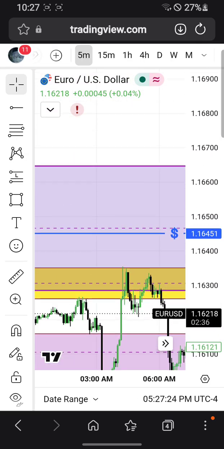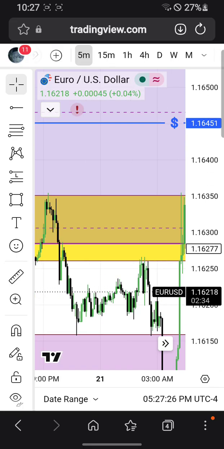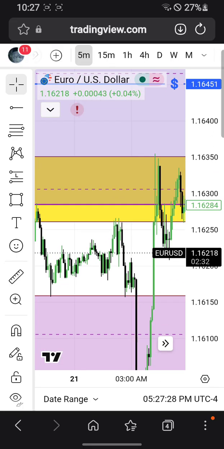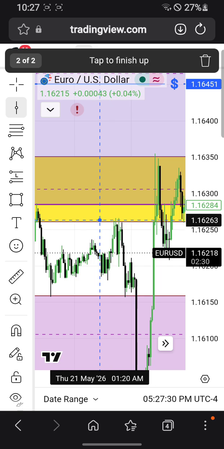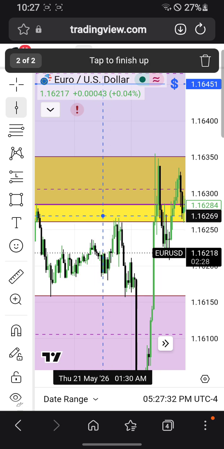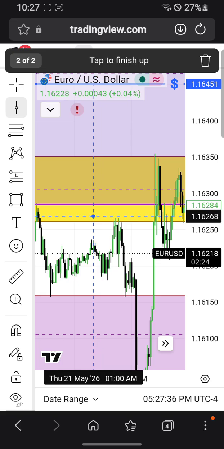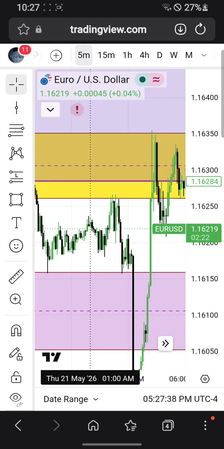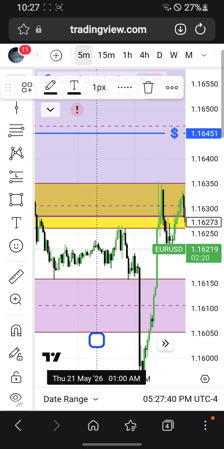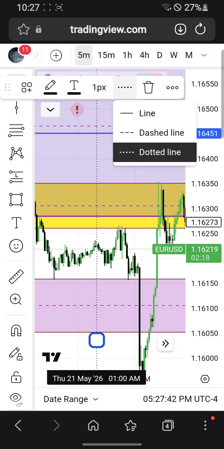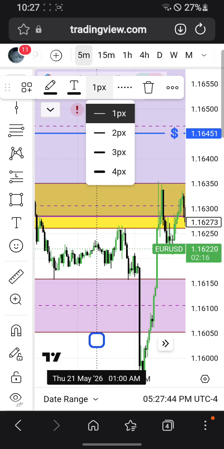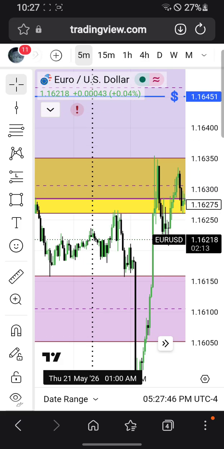When the market opens in London, let me put a demarcation for London, which is 1 o'clock a.m. New York time. Yeah, this is London. I'll put a line there. Let me bold it. Okay, you can see the line is bold now.